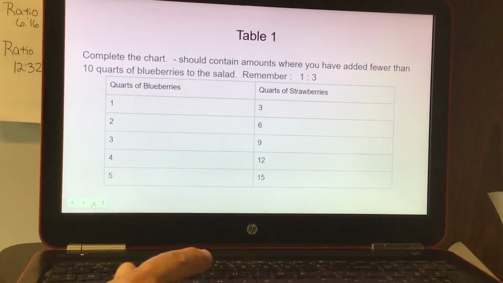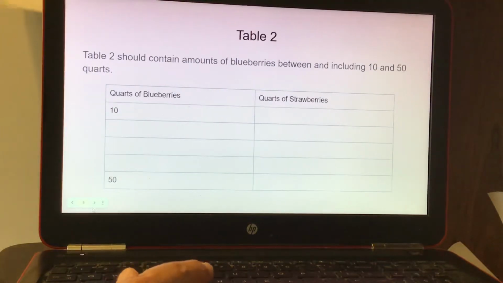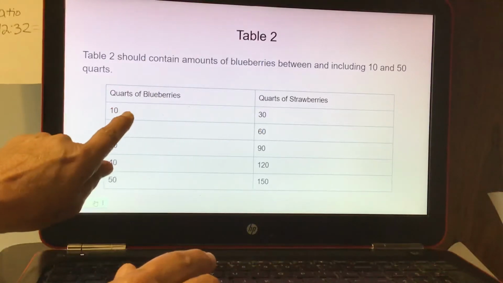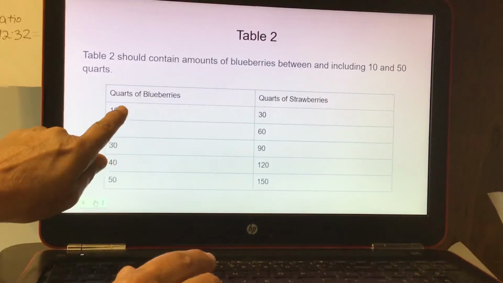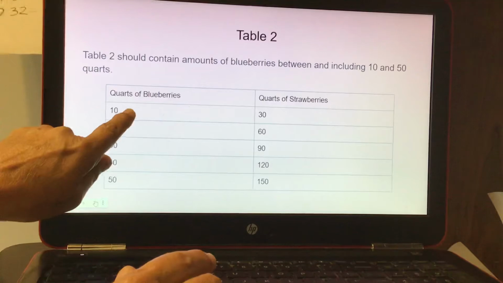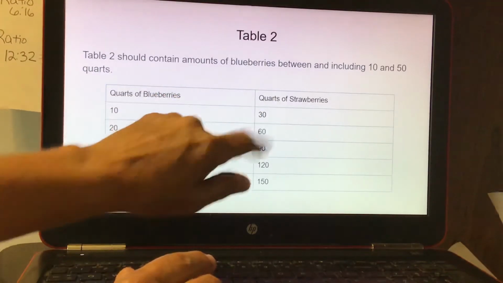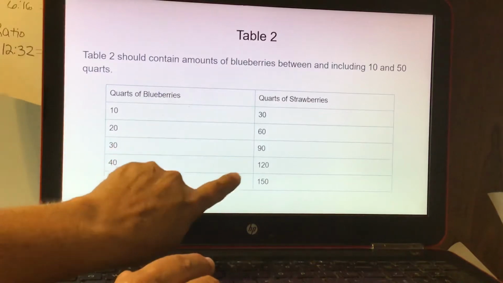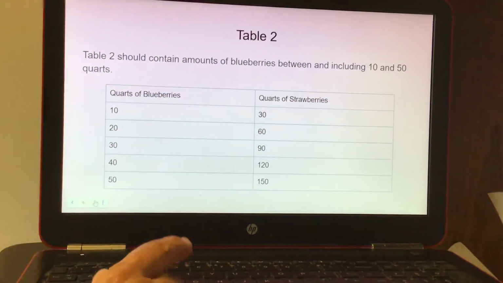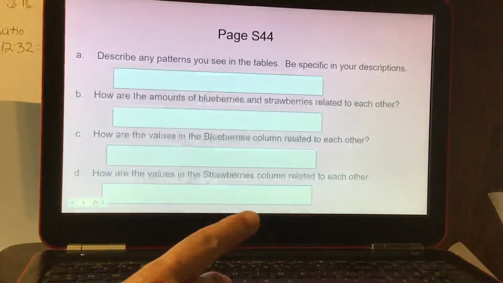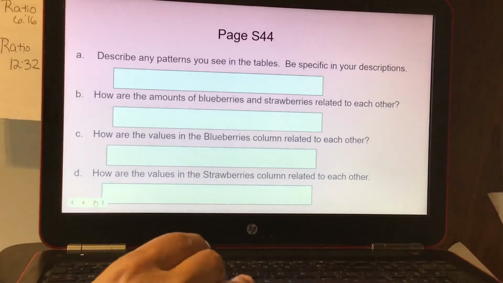And that's the same for the 10s. 10 to 30. If I made it into a fraction 10 over 30 and divided both by 10, it would equal 1 blueberry to 3 strawberries. The same for each one. If I reduced it, then the value would be the same. So they all are equivalent ratios.